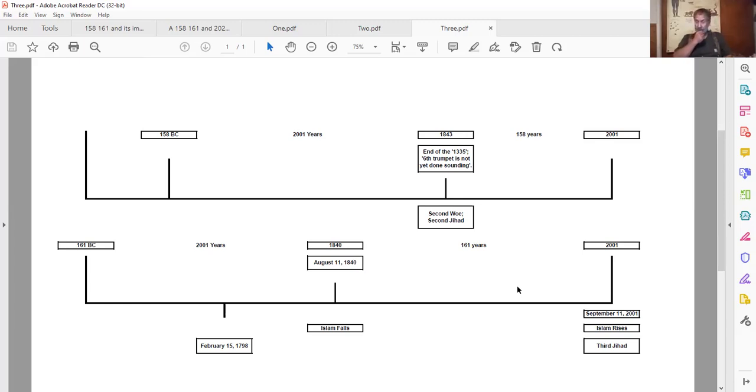It's 646 years from 1299 to 1945, which is 34 Metonic cycles. And if we count 38 Metonic cycles from 1299, that brings us to 2021. So, yet a third witness.